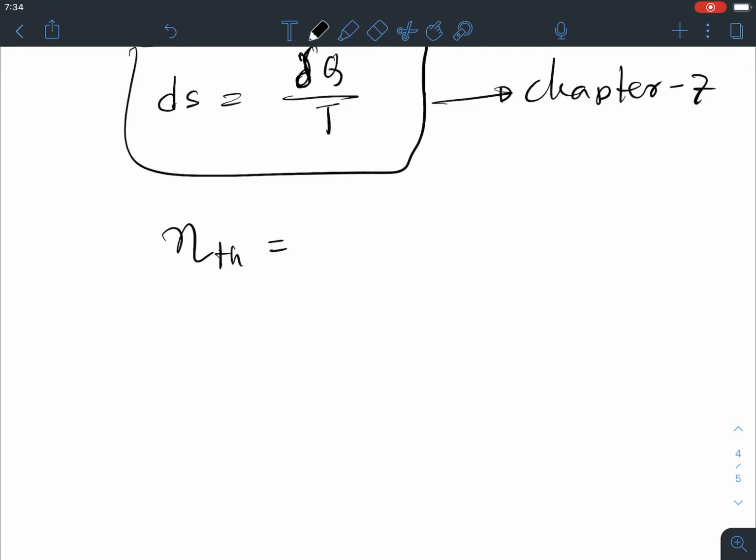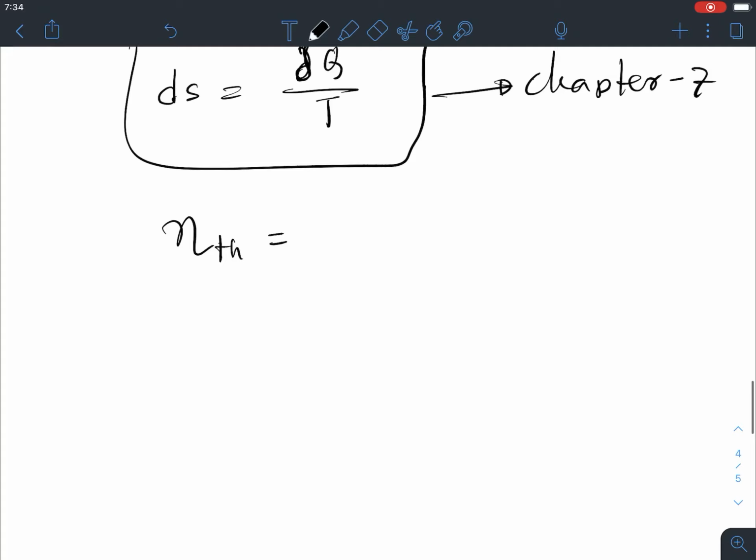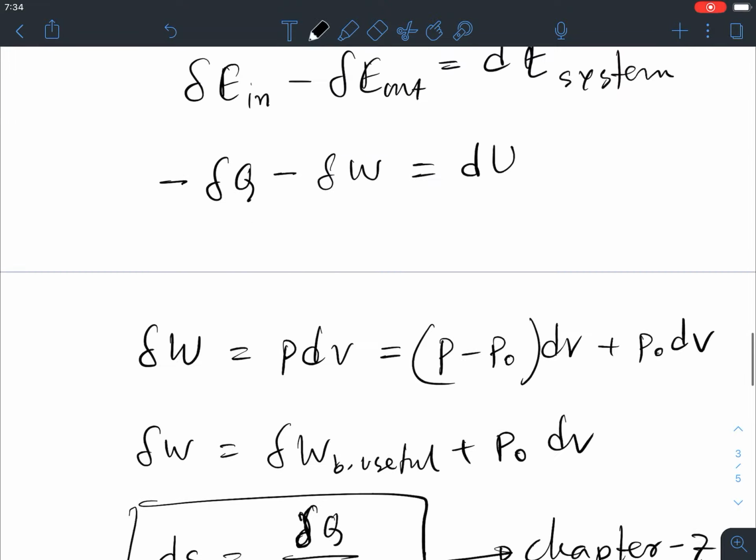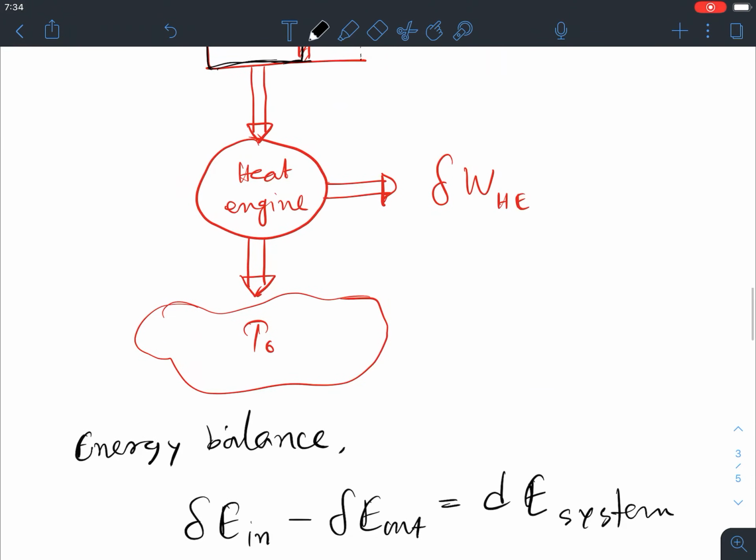And also the thermal efficiency, we talked about in the previous topic, is basically 1 minus T naught over T, right? So now if we define the efficiency of a reversible heat engine, what will be the efficiency?